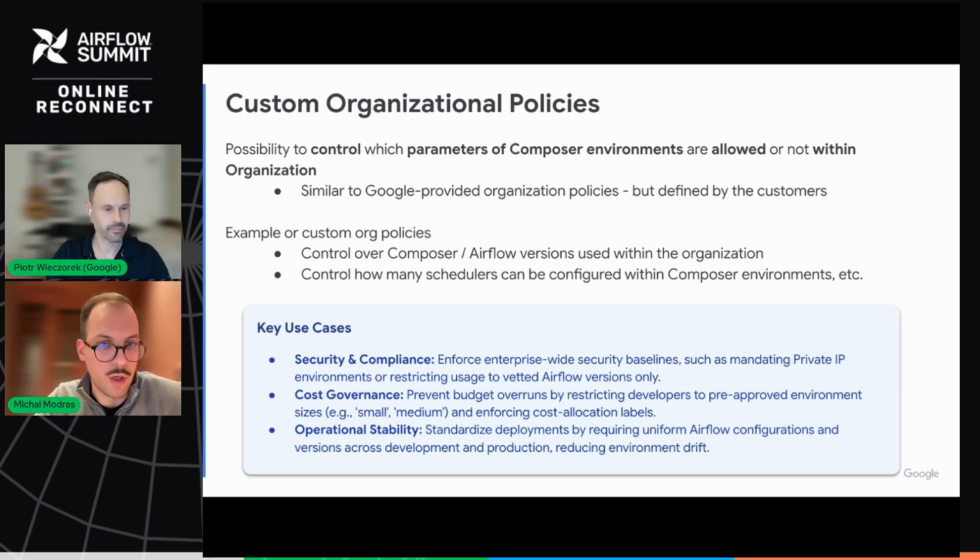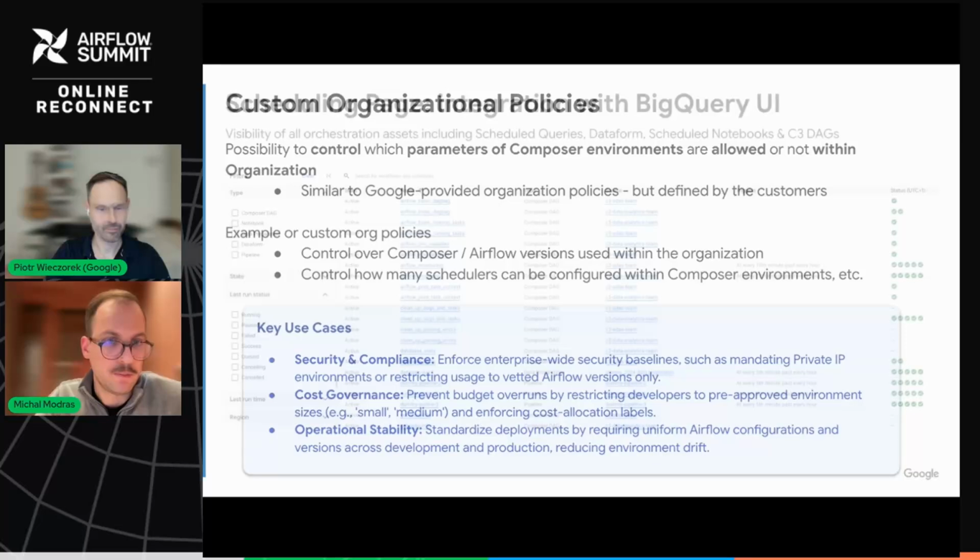Or maybe if you care about security, you might want to say that all my Airflow deployments need to have at least this version and not older, because the older versions have some security vulnerabilities, and so on and so forth. So this is fully customizable in line with the parameters that are available in the Composer API, which are basically the Airflow configuration parameters for your deployment.